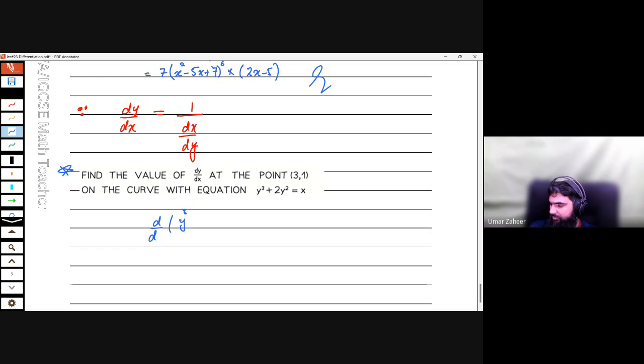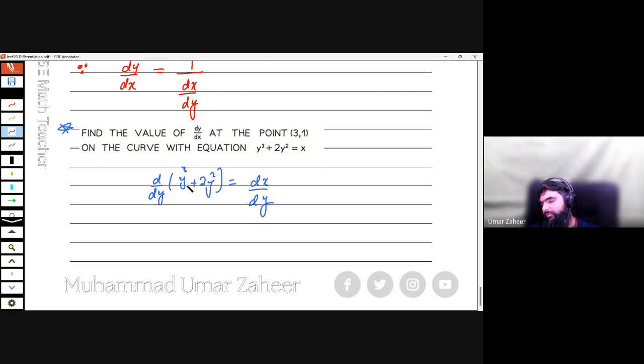We have to take it with respect to y because it is a y value. Now it will become 1 equals 3y power 2 plus 2 times 2 is 4y, and since it is y with respect to x, it is dx over dy.